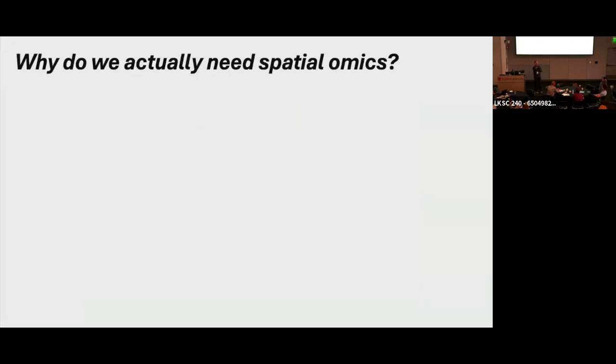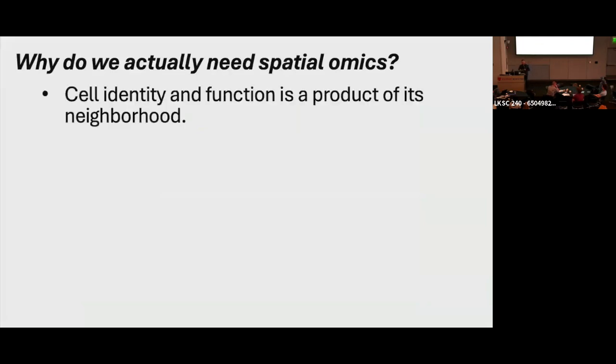And a few of you have offline talked to me about this, where a lot of our colleagues grumble about why does spatial biology even matter? And so I just wanted to point out a few themes that have come up because I think it's important. It's not just another way to do single cell analysis, right? I think broadly, we know that cell identity and function is an intrinsic product of its environment. I think that's a theme that's come up in a lot of talks.